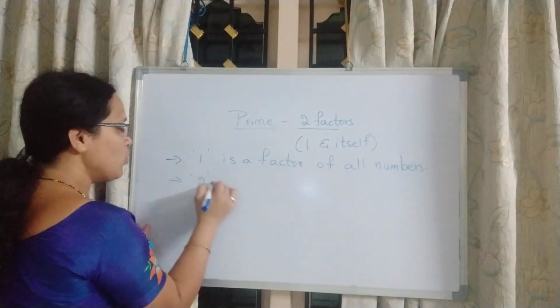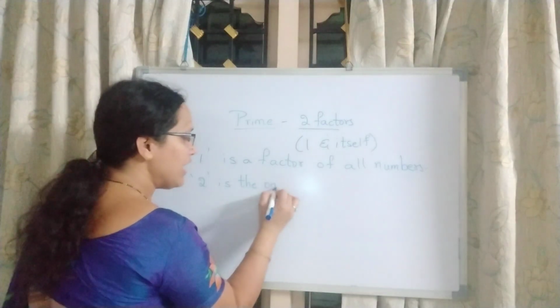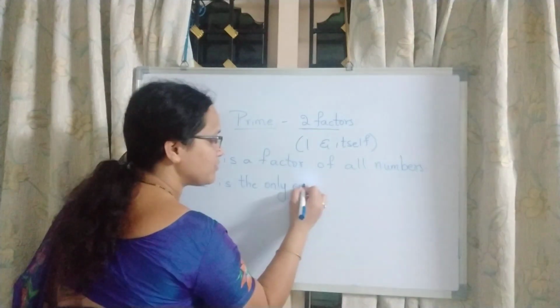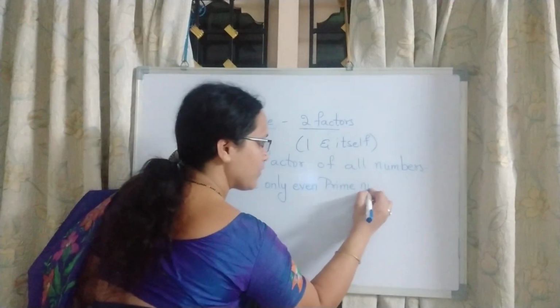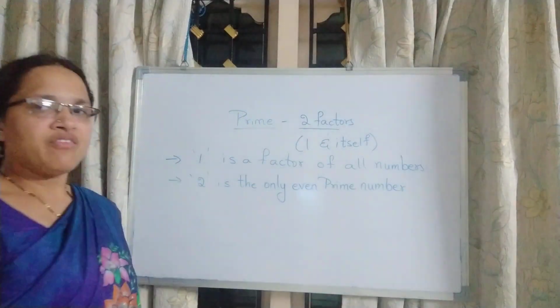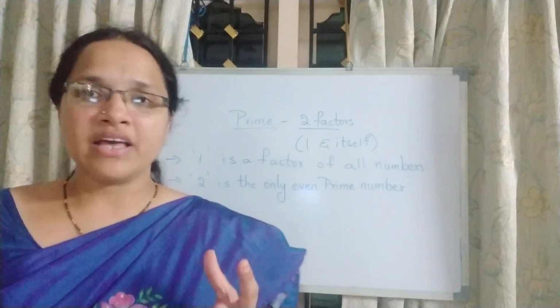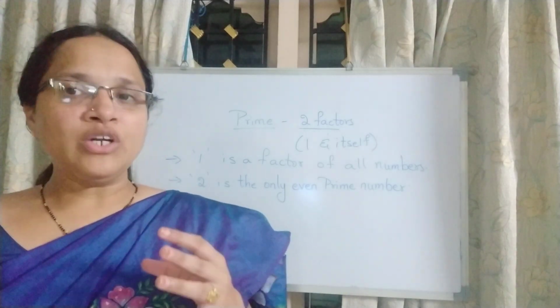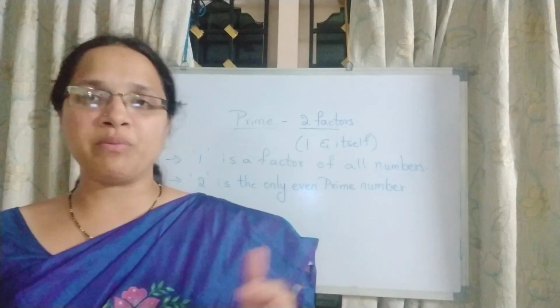Next thing, 2 is the only even prime number. Children, you can search what the prime numbers are from 1 to 100, and I'll let you know how many primes there are.